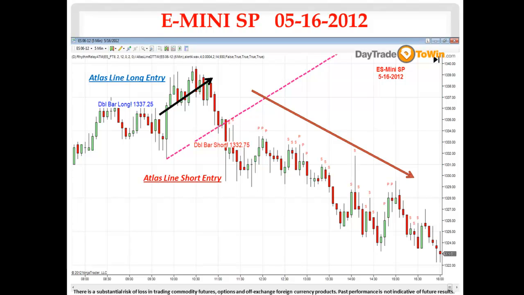Not only does it give you the primary signals here, double bar short and double bar long, but if the trend continues, we have pullback trades and strength trades, denoted by the S's and P's, for additional trades. These are all filtered and built into the software.